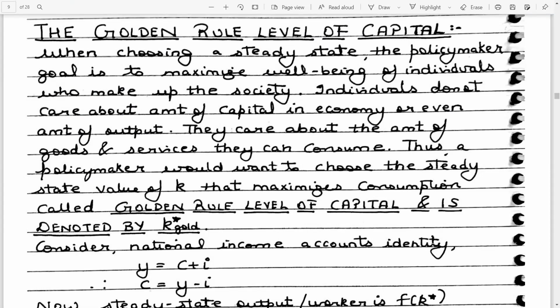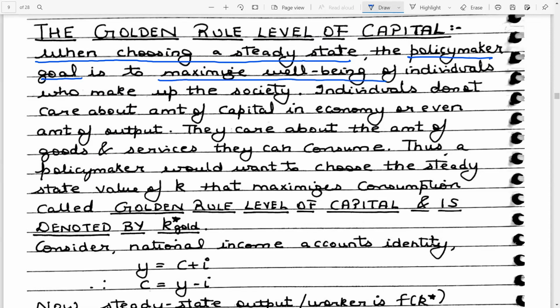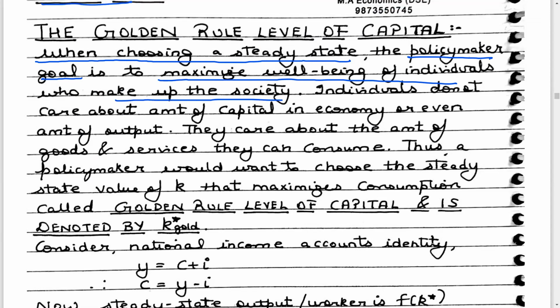So let's give it a read first. When choosing a steady state, the policymaker's goal is to maximize the well-being of the individuals who make up the society. Now, individuals do not care about the amount of capital in the economy or even about the amount of output.